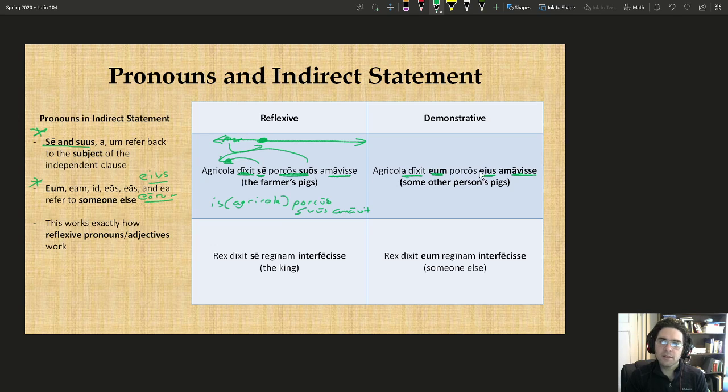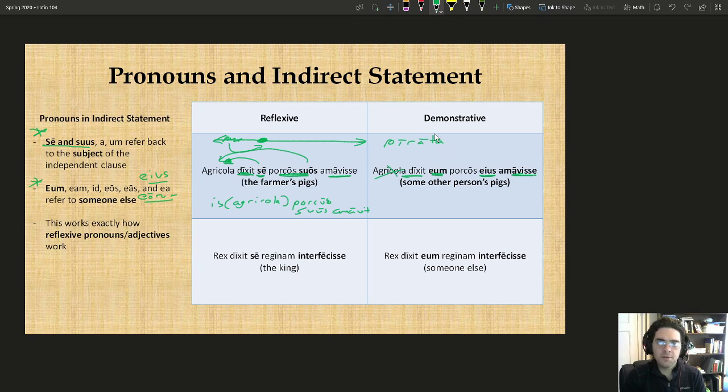So in this case, neither of these two pronouns are referring back to agricola. So the farmer is just the person reporting this information, but he isn't necessarily saying that he loved his own pigs, but that some other guy, maybe it's a pirata, some other guy loved his pigs, but they weren't the farmer's pigs, they were the pirate's pigs.